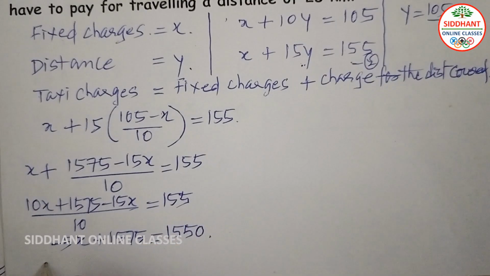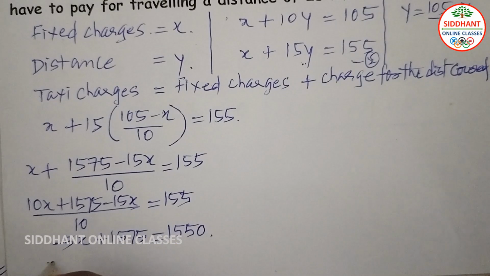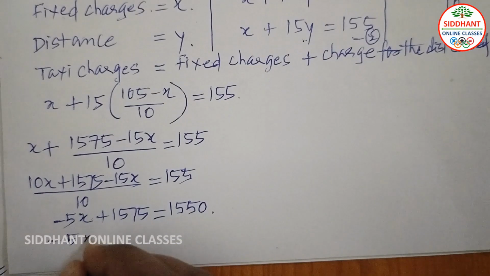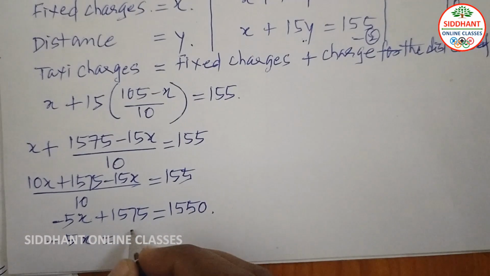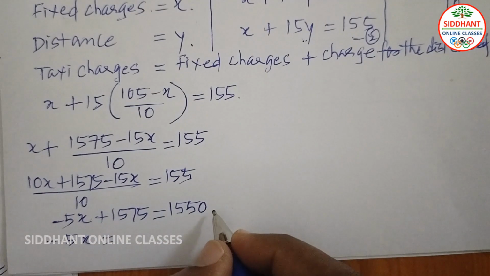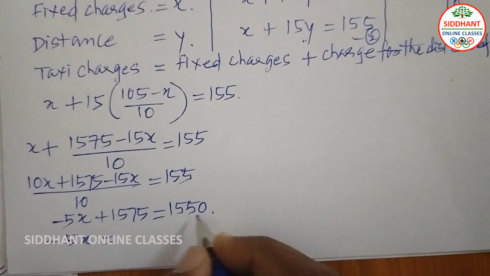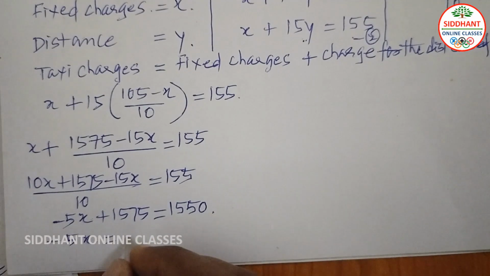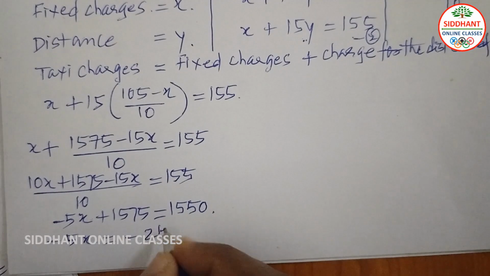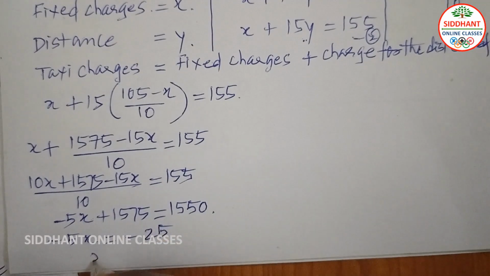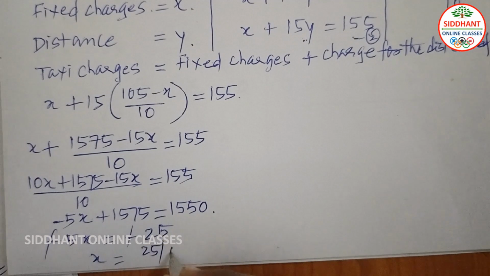So now minus 5x equals 1550 minus 1575, which will become minus 25. So x equals 25 by 5, so that equals 5 here.